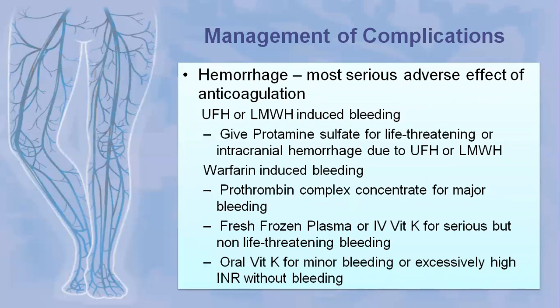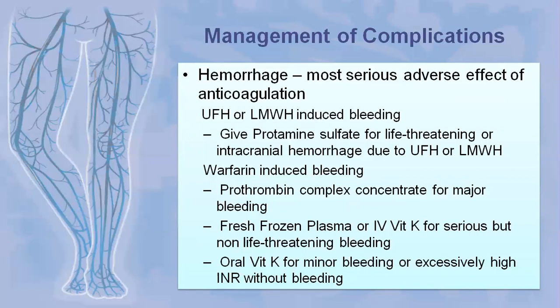So what are the common complications and how do we manage these complications? Hemorrhage is the most serious adverse effect of anticoagulation. You can have unfractionated heparin or low molecular weight heparin induced bleeding. For life-threatening cases, you can give protamine sulfate as the antidote.